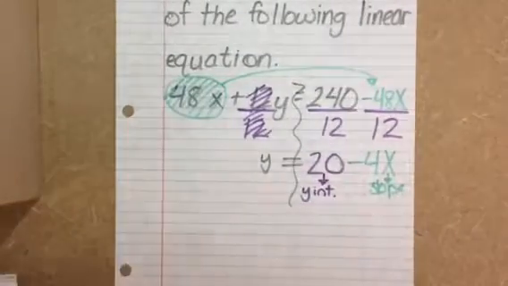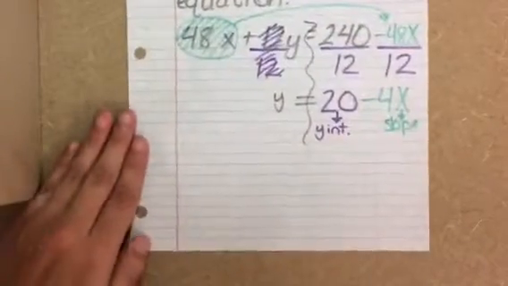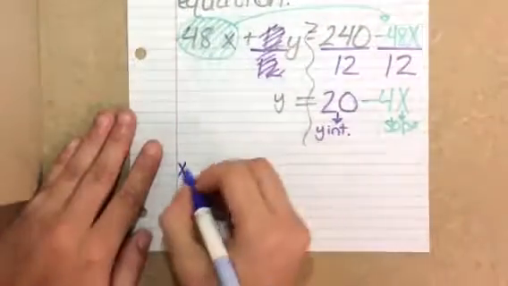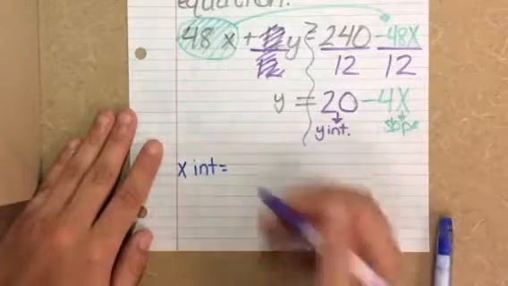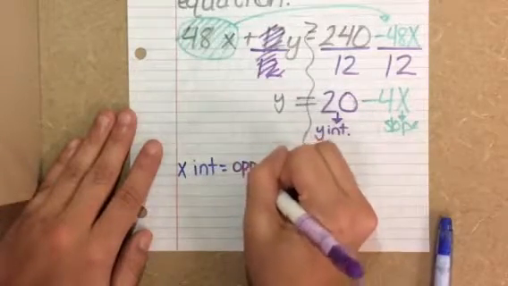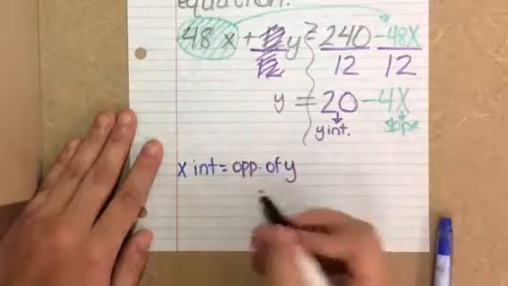But they want the x-intercept. So I'm going to use this equation from the top. To get the x-intercept, you want to do the opposite of y divided by the slope.